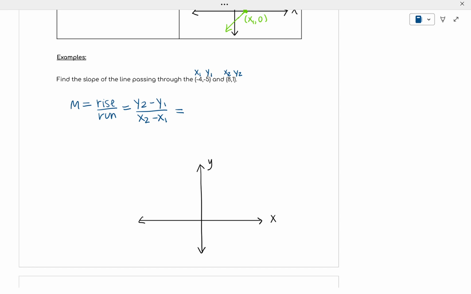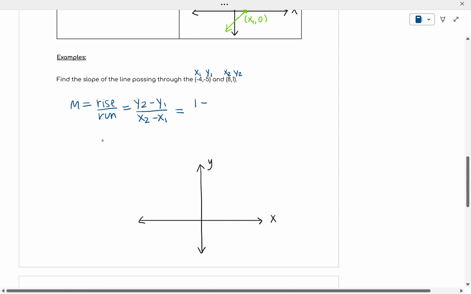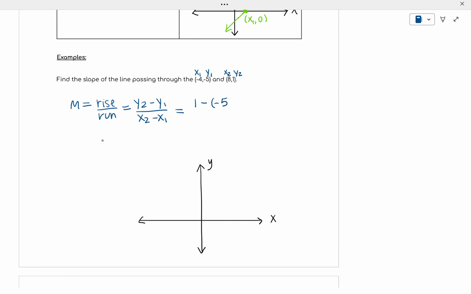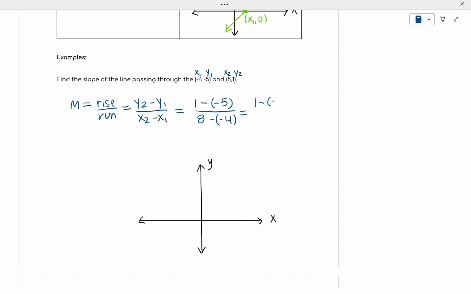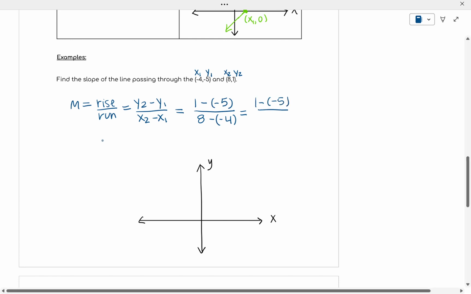So y2 is equal to 1, y1 is equal to negative 5, and x2 is 8, and x1 is negative 4. And remember that whenever you have a minus a negative, this turns into a plus.